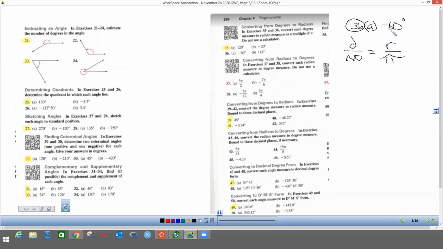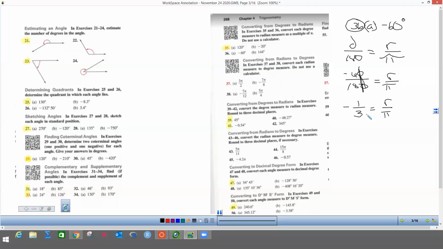So this is in degrees, so we put that in for D. So we get negative 60 over 180 equals R over pi. These zeros reduce because they're both divisible by 10, and then 6 and 18 are divisible by 6, so we get negative 1/3 equals R over pi.